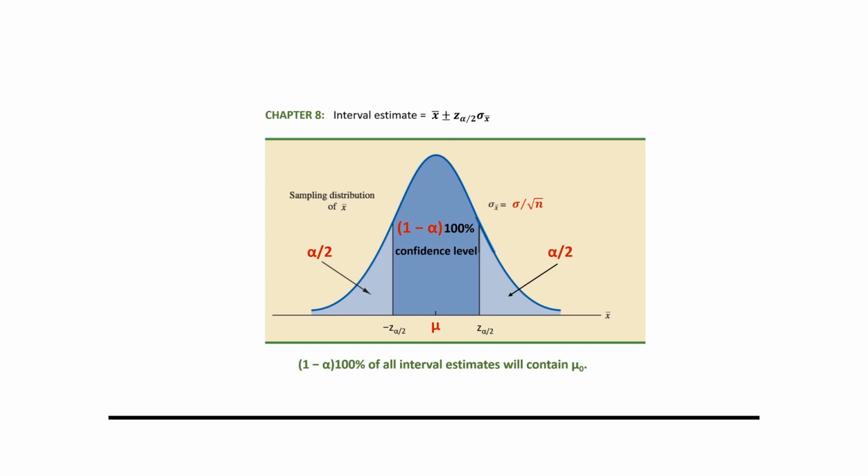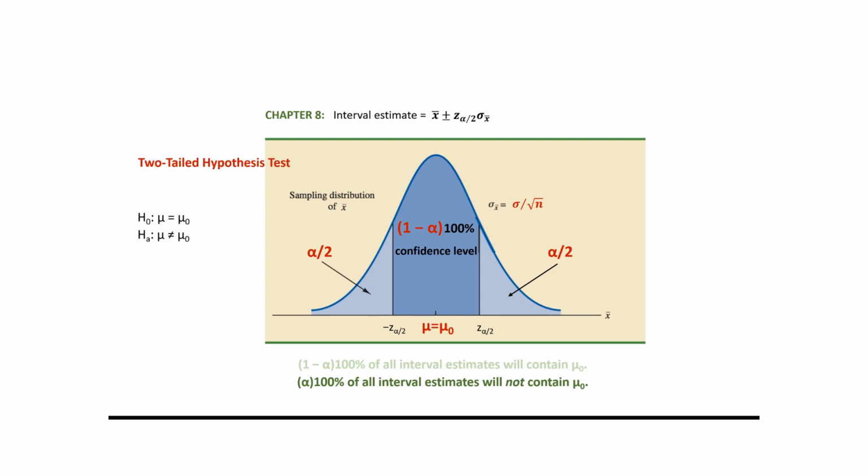For example, if alpha is 0.05, 1 minus alpha is 0.95, and 0.95 times 100 is 95, so it's a 95% confidence level, which means 95% of all the interval estimates constructed this way will contain the true population mean mu. In other words, alpha times 100% of all the interval estimates will not contain mu. In our example, 5% of all the interval estimates will not contain mu.